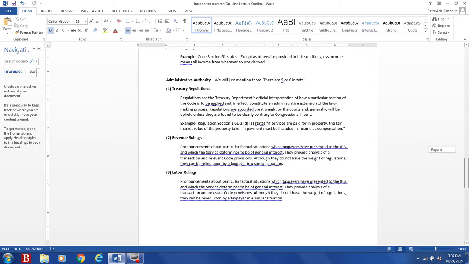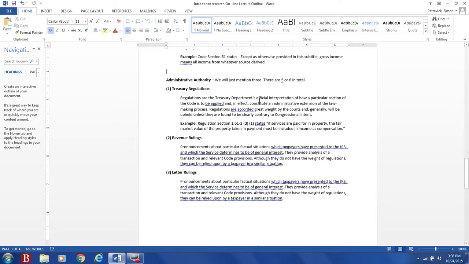The law also states that the Internal Revenue Service has authority to make some rulings that further govern what we pay in taxes. There are five or six of those, but we're going to look at just three. The one with the highest authority is called regulations, sometimes abbreviated as regs.